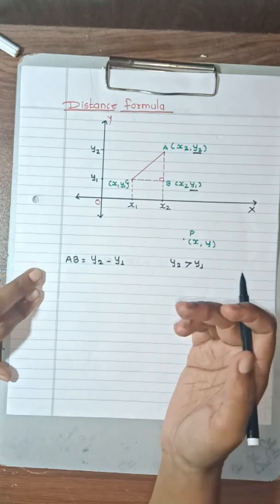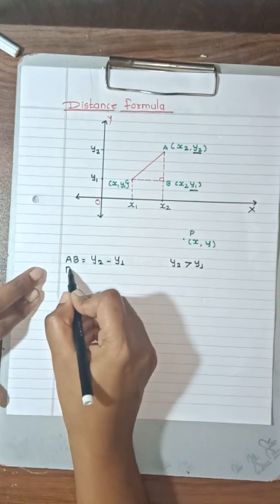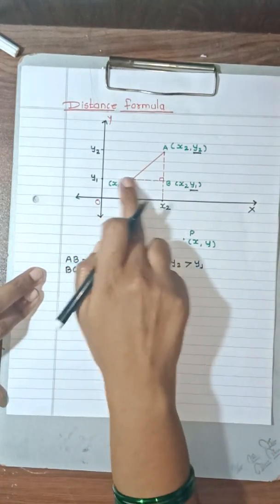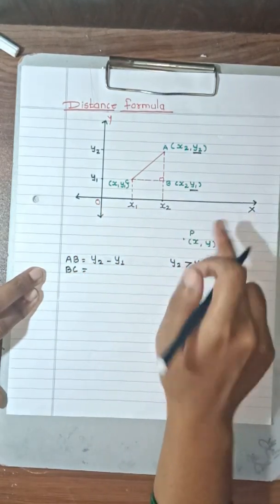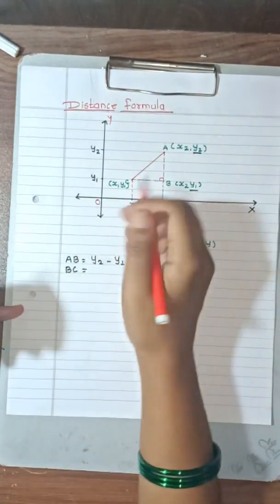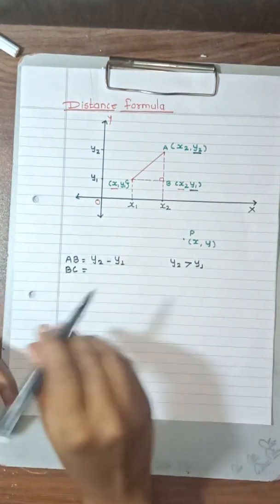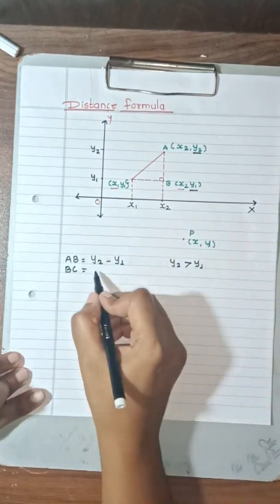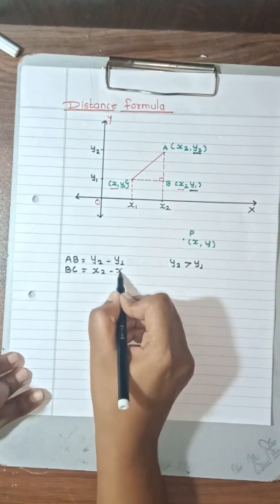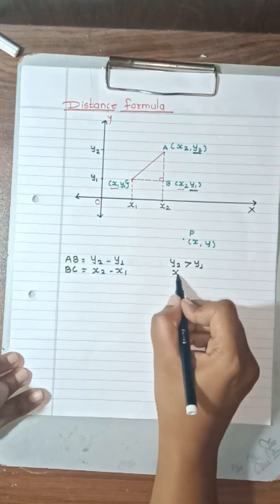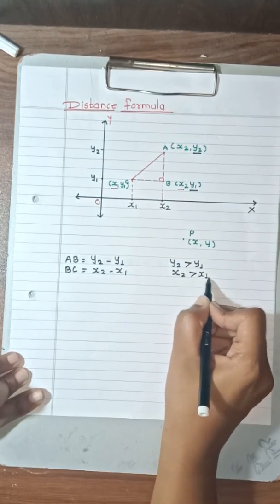Got it? Now if you see distance BC, this BC is parallel to the x-axis and therefore you will be taking x coordinates of B and C. That will be x2 minus x1. Remember, write down here x2 is greater than x1.